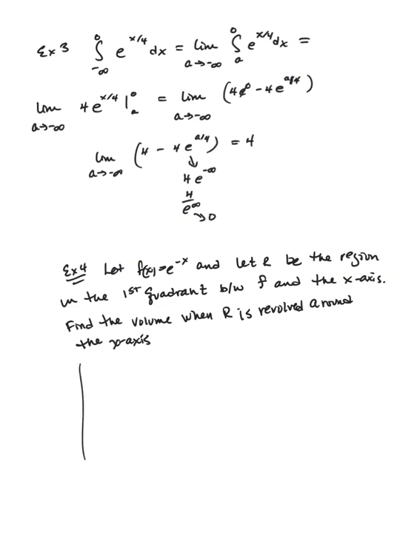Okay, so if you draw a picture of this, we have e to the negative x. We just want the part in the first quadrant. And so we're revolving this around the x-axis, so we get these little discs. That's the way you get your volume.